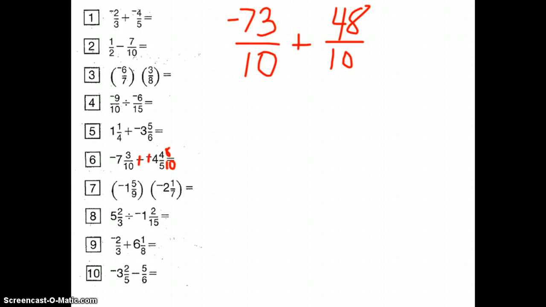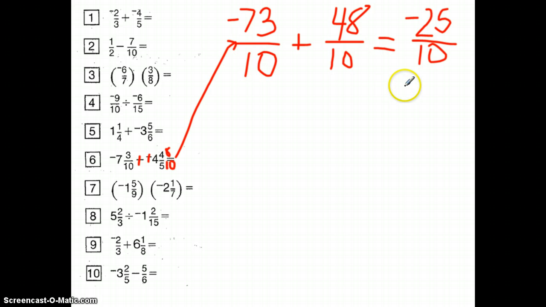Who wins by how much? The negatives win by 25. So 25 over 10. 25 over 10 gives me negative 2 and a half.